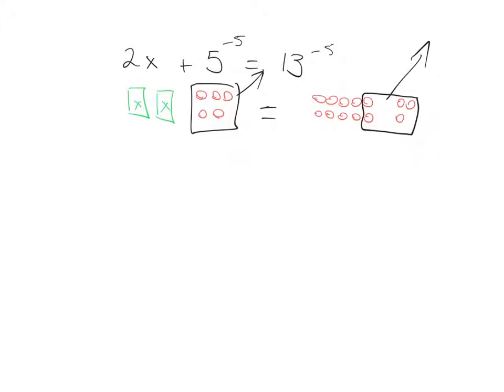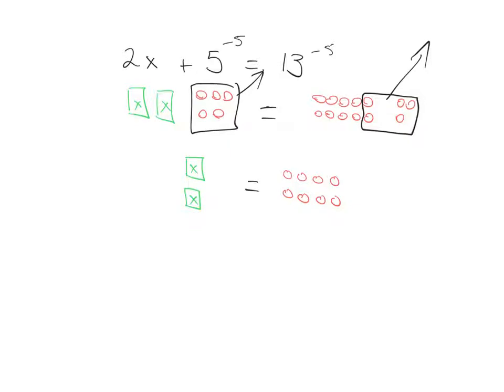What am I left with? You can see I'm left with 2 x's and on the right side I'm left with, let's count them up, 1, 2, 3, 4, 5, 6, 7, 8.